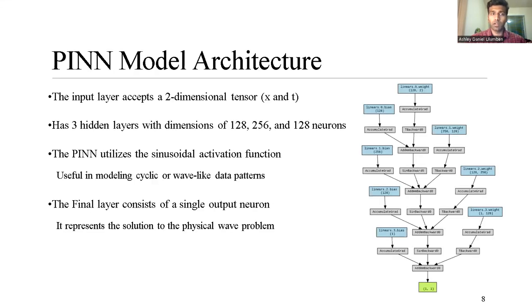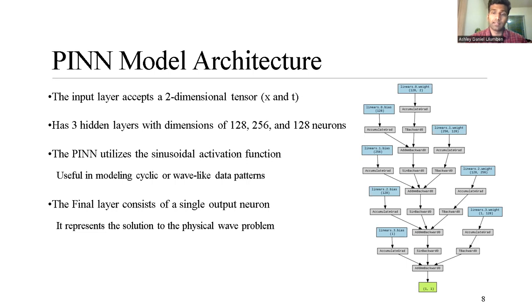So this is the PINN model architecture, which takes a two-dimensional tensor, the spatial and the temporal values, preprocessed from the real-world data set. The latitude and longitude are preprocessed to give the spatial position, while the time step of each wave is preprocessed to represent the t-axis, and the target value is the significant wave height.